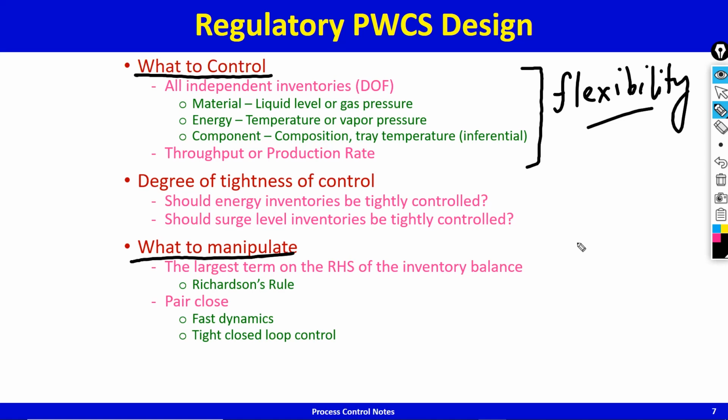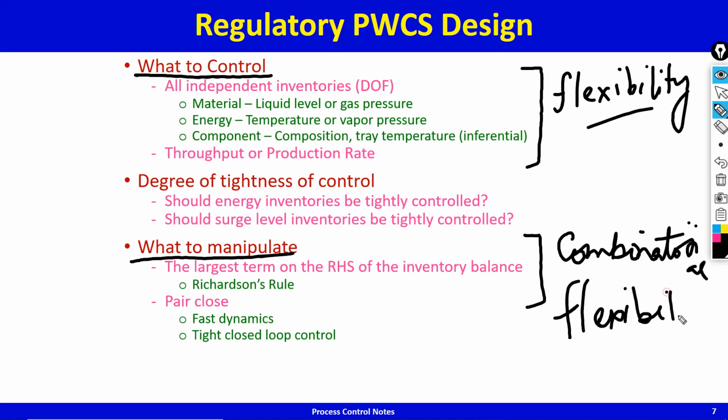What to manipulate, there is a combinatorial flexibility that exists there. The flexibility in what to control is almost infinite. You can choose from infinity what to control. What to manipulate, there is combinatorial flexibility.